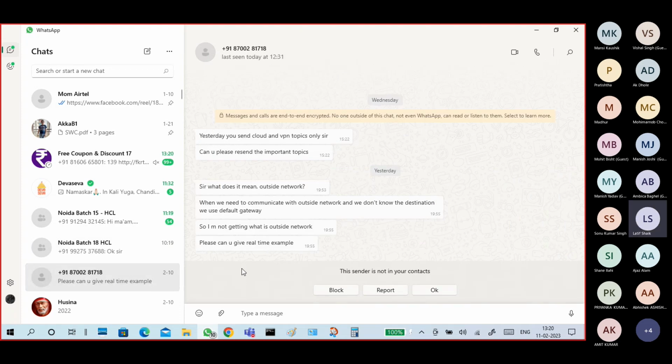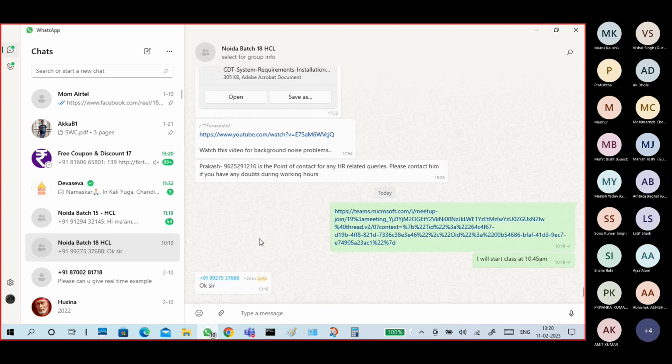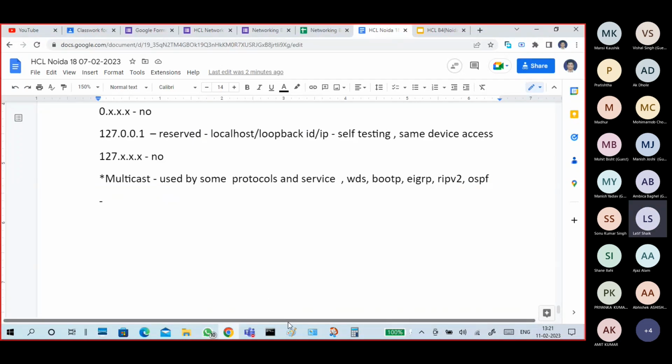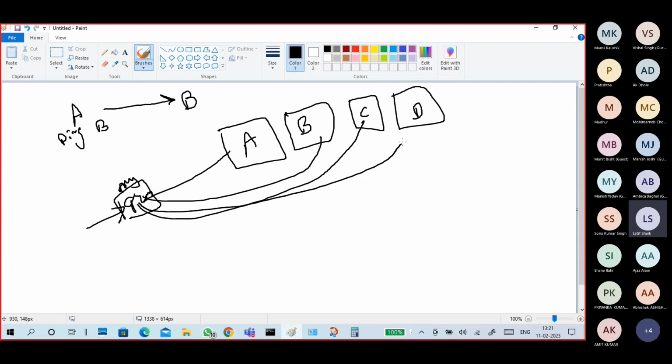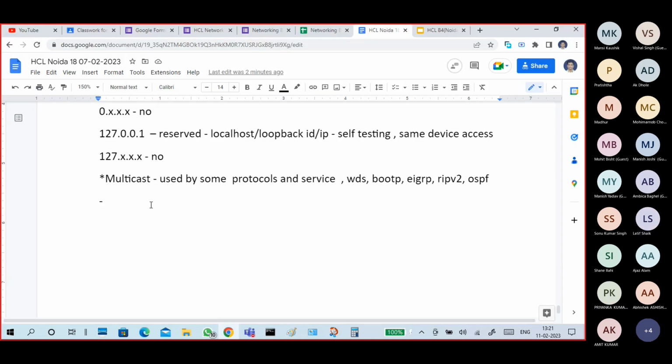Okay, see, this is one-to-one communication. This is group-wise communication. I am sending to a particular multicast address, so the messages go to every device which is in that particular multicast address. It is recognized by service or protocol.